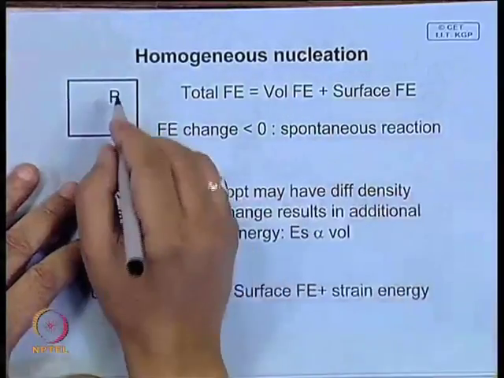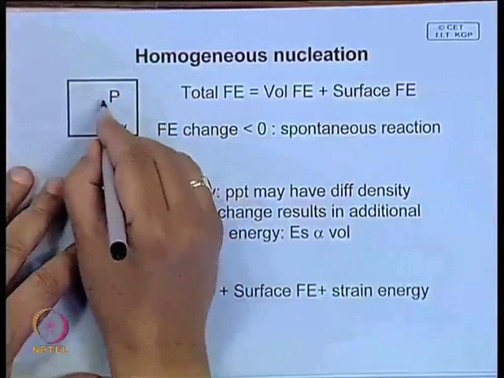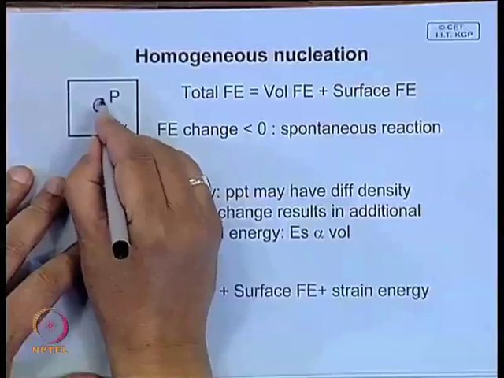Now, let us see the process of precipitate formation in a little more detail. Let us look first at homogeneous nucleation. So, assume a precipitate is forming, which I just mentioned right in the beginning of the class. This is an alpha grain, and here you have a precipitate forming.